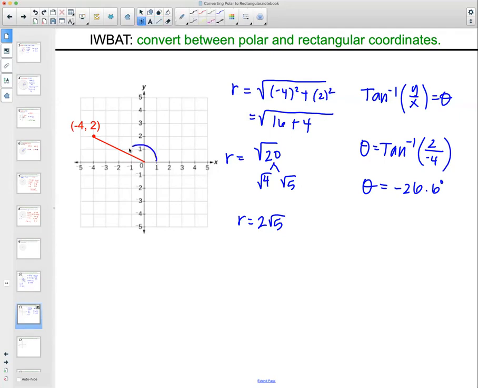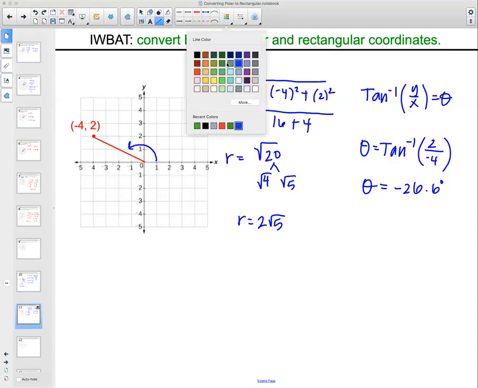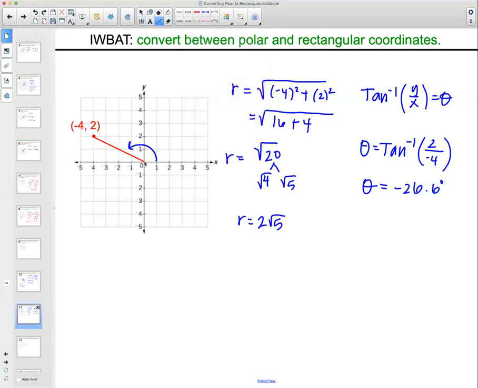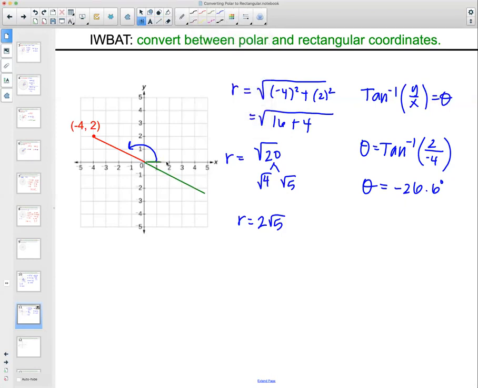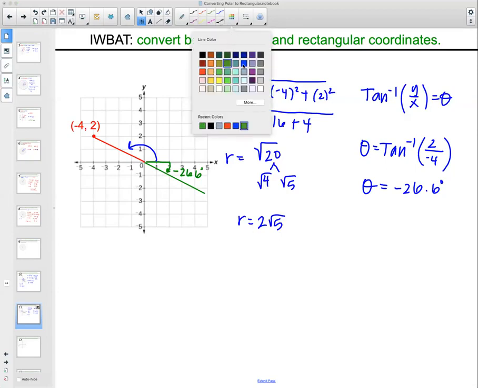From here to here, right? And now the angle that we just got, because tan inverse doesn't have the ability to kick out a number bigger than 90, so it goes between negative 90 and 90, what we just got in our calculator is this angle, okay, of negative 26.6. So when you go to write your polar point, remember, there's going to be two options, okay?